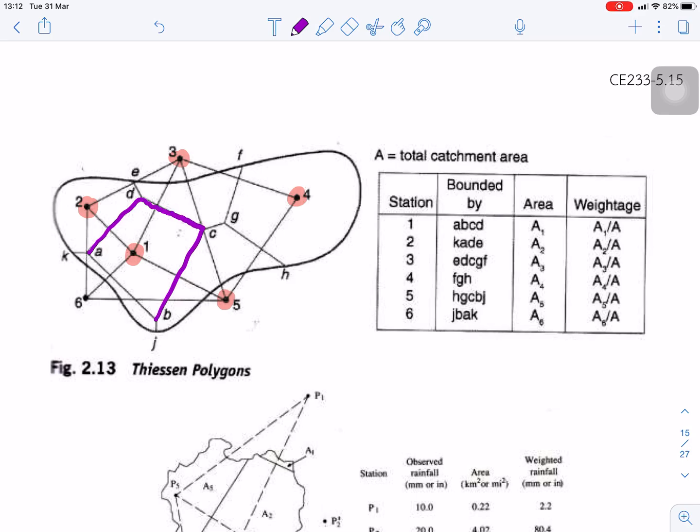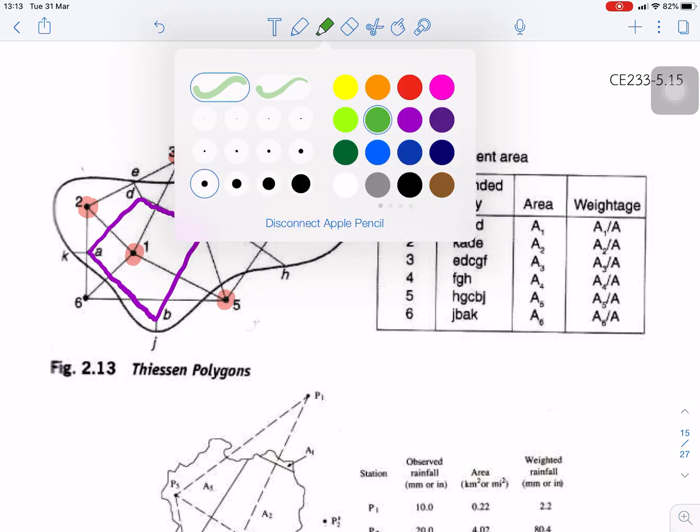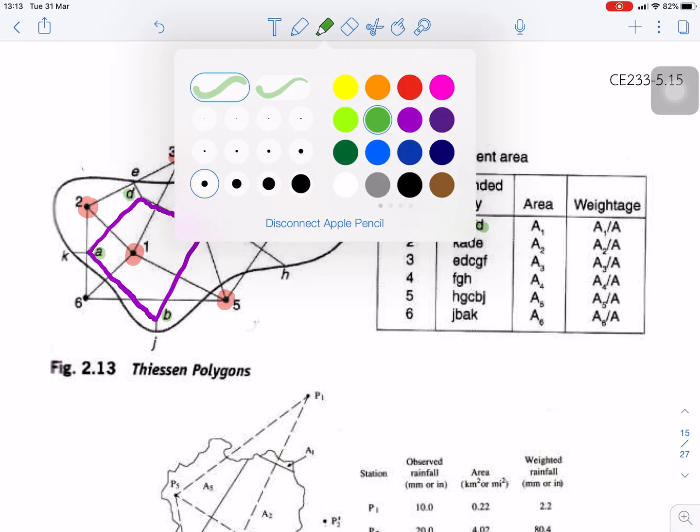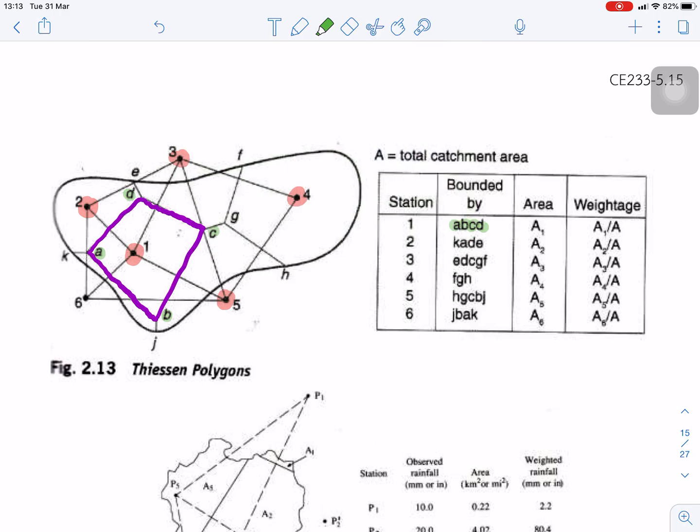For example, for station 1, the polygon shape comes from the lengths A, B, C, D, and the area is this area, to get A1.